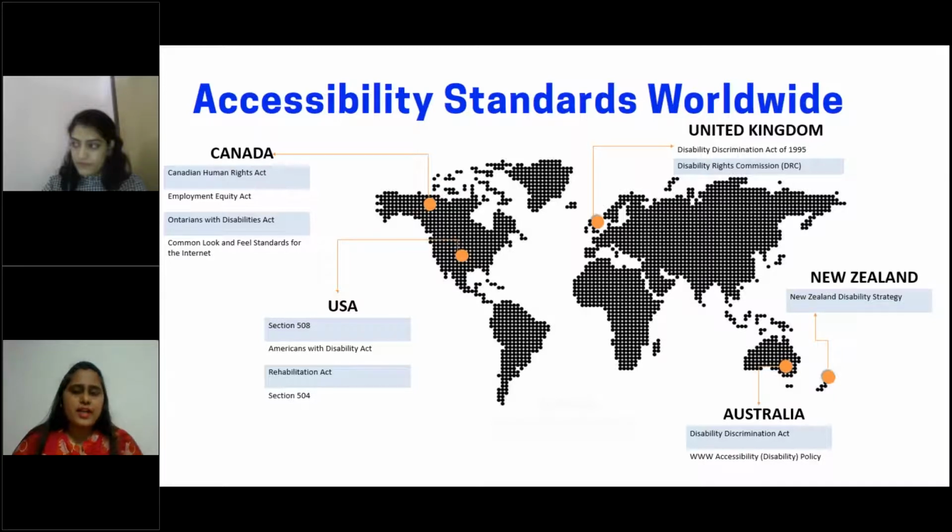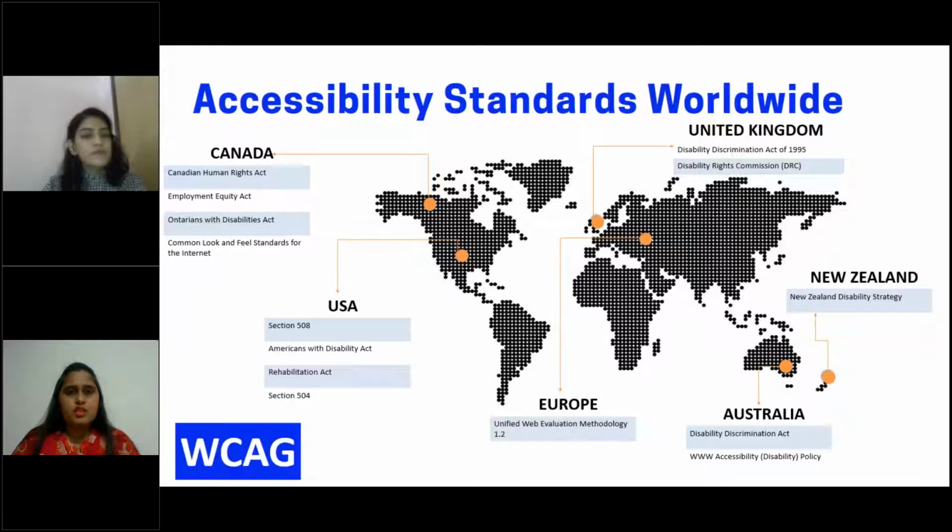But there's a set of guidelines that encompasses all these standards, and that is WCAG, which is Web Content Accessibility Guidelines, the latest version being WCAG 2.2. They are not necessarily a standard, but they are a set of guidelines that you can use to build your own accessible content.